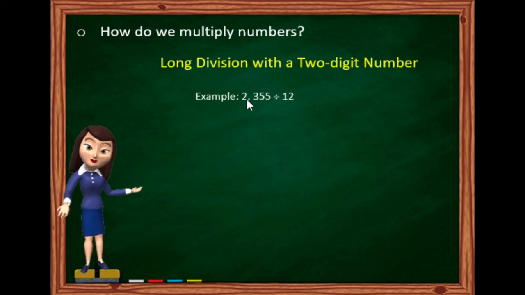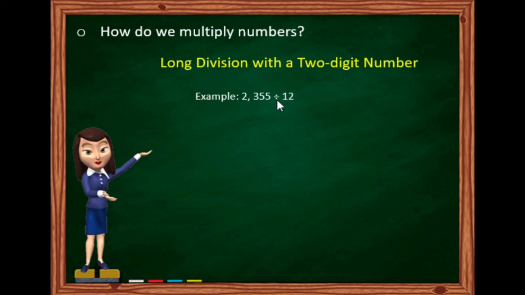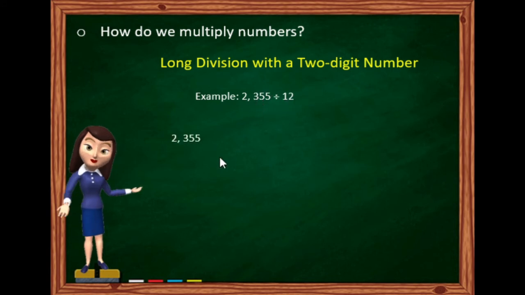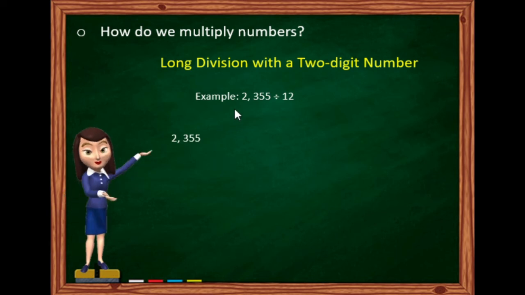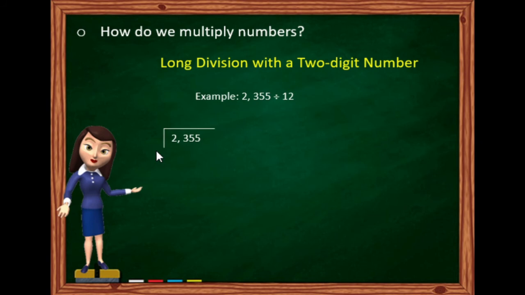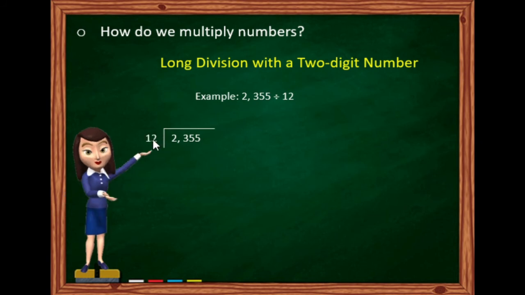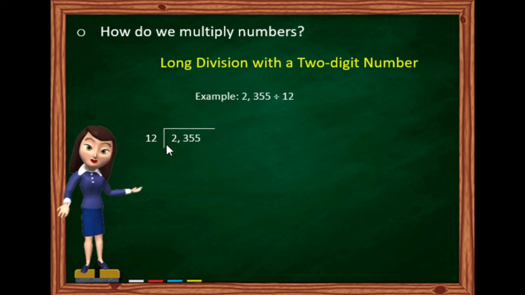Example, 2,355 divided by 12. Let's use the long division method. 2,355 is separated by this symbol, and 12 is outside. 2 divided by 12.